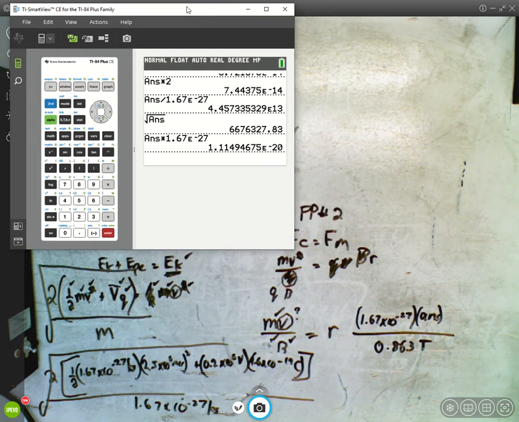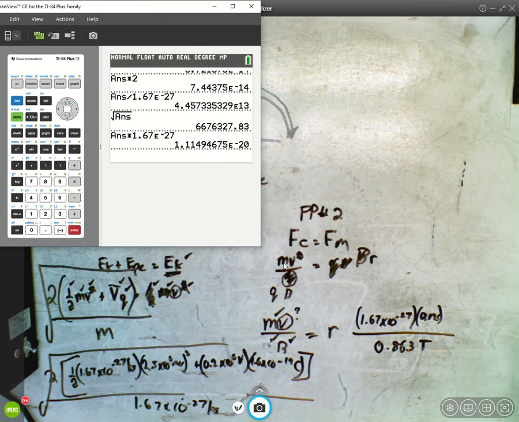Did I rearrange this correctly? mv, and then I threw qB underneath. Oh, I forgot the charge here. I erased it with my finger. That's why. So yeah, I was like, that's not going to give us a reasonable answer because it should be in the centimeters. So sorry, I need 1.6 times 10 to the negative 19 coulombs.